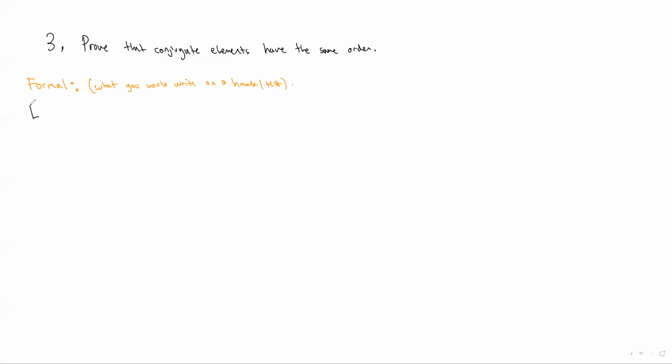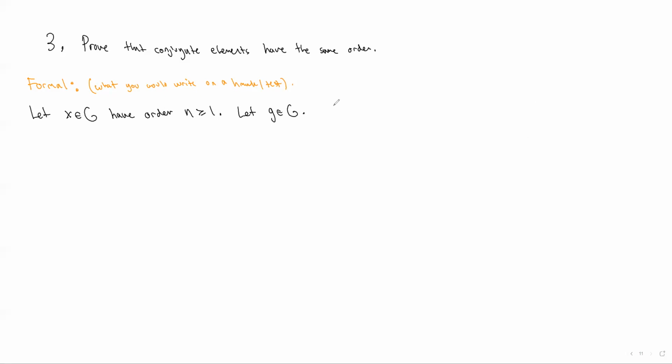So let x in G have order n, and let g be an arbitrary element of G, little g being an arbitrary element of big G.